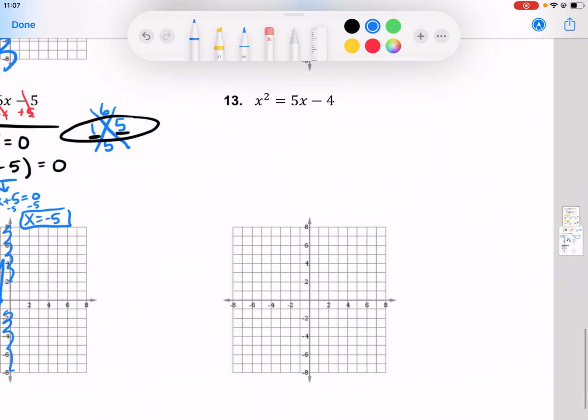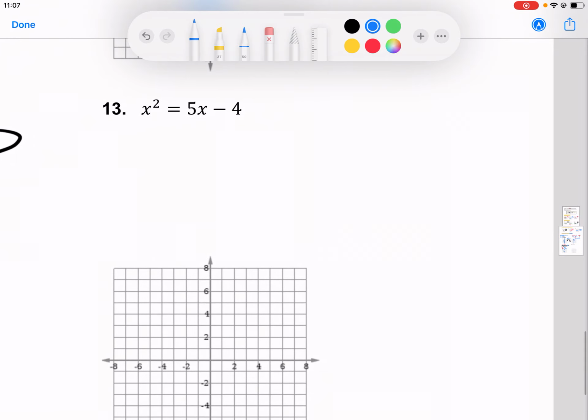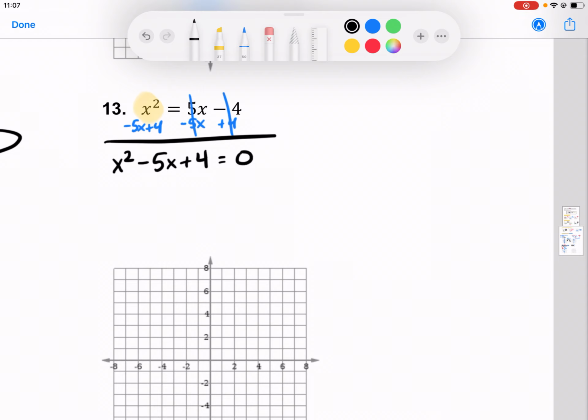All right, final problem I want to do. Once again, I like the x squared to stay positive. So if it's already positive, I'm going to move everything else over. So those cancel. So nothing can combine, they're not like terms. So we get x squared minus 5x plus 4 equals 0. Now I'm going to take my first number and multiply it by the last so we can factor.